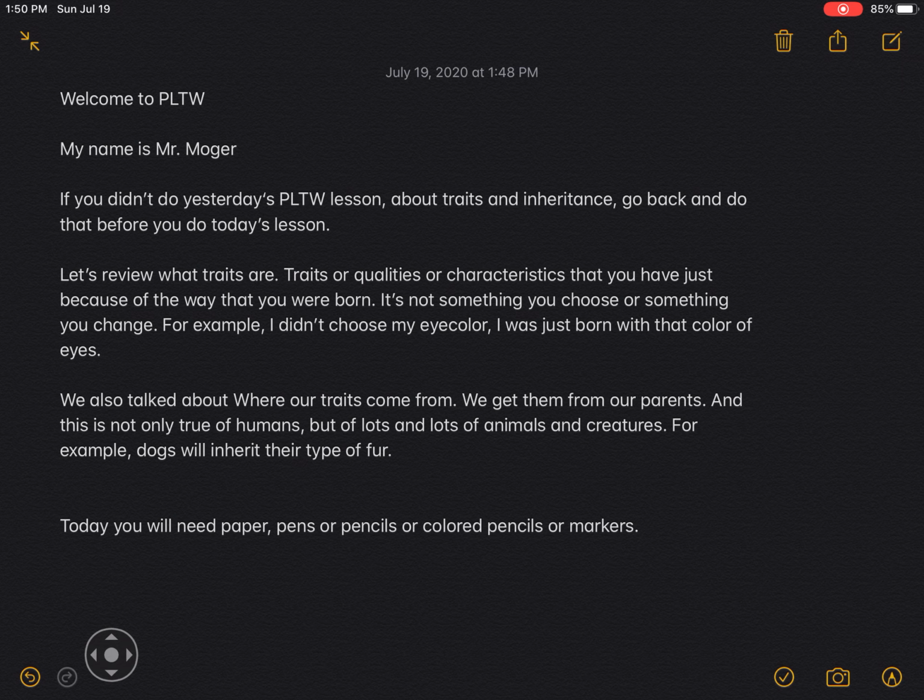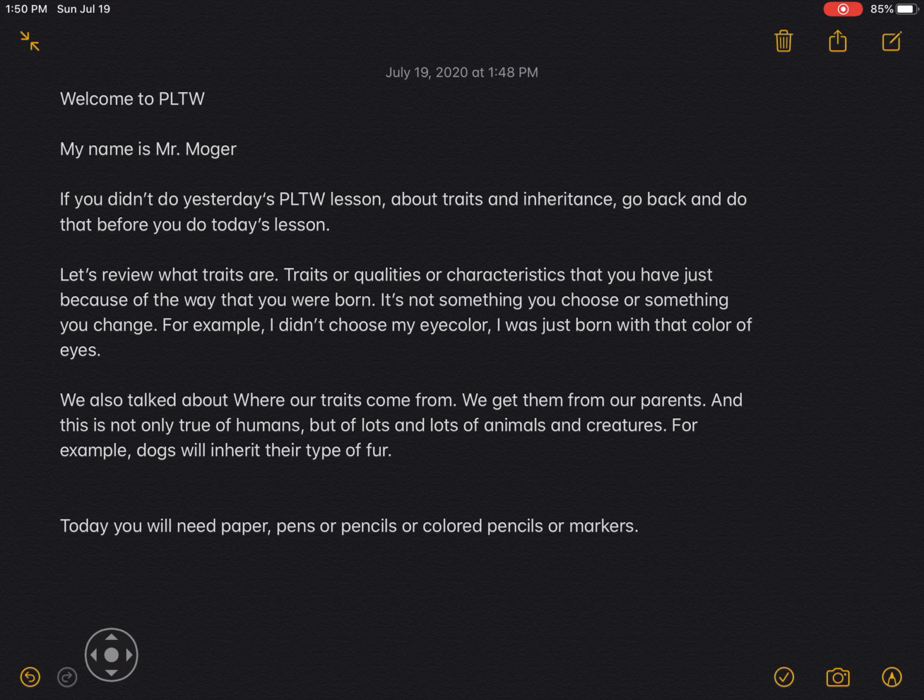We also talked about where traits come from. We get them from our parents. And that is not only true for humans, but for other animals and creatures. For example, dogs will inherit their type of fur, their body shape from their parents. So you might see a Dalmatian looks very different from some other kind of dog, like a Golden Retriever.